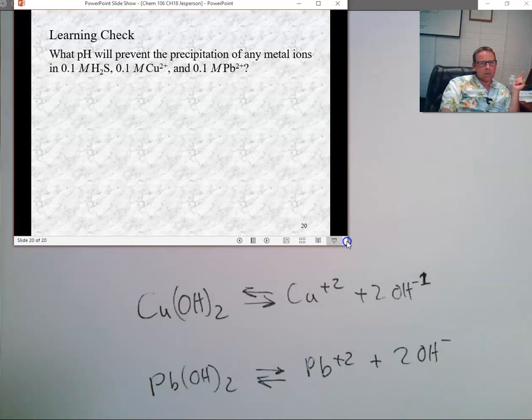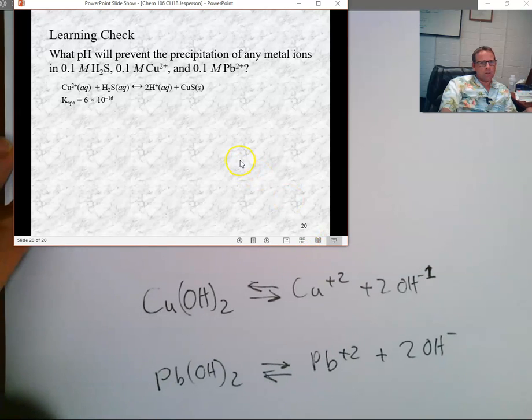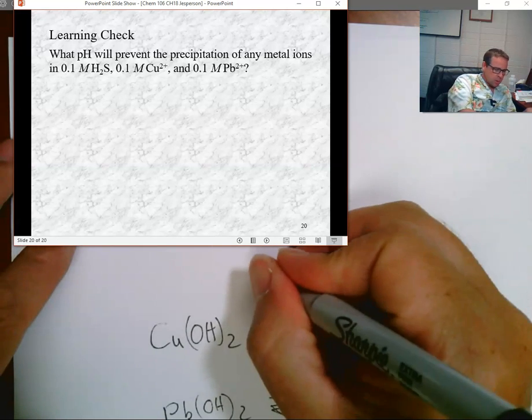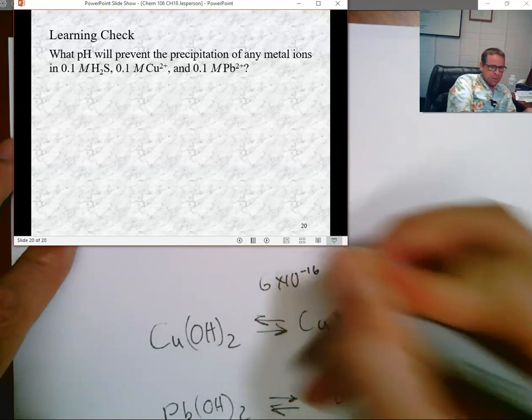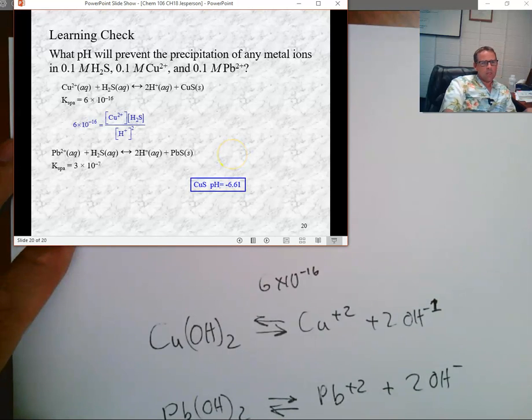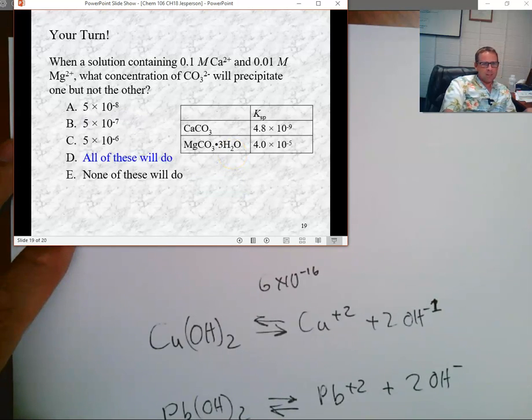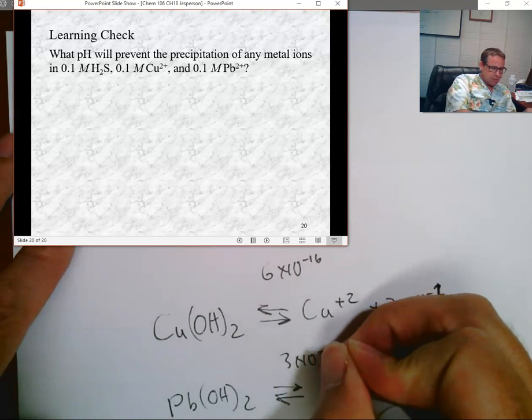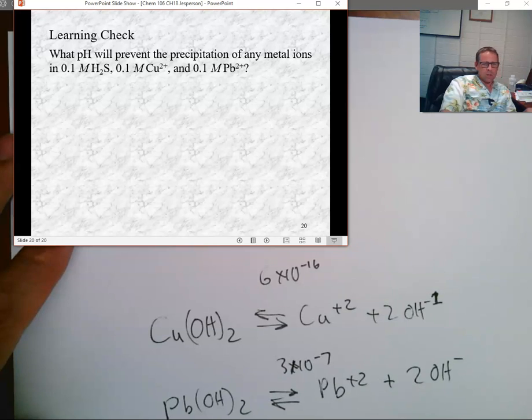Well, we'll finish this one using 6 times 10 to the minus 16 for the copper, and then 3 times 10 to the minus 7 for the lead hydroxide.